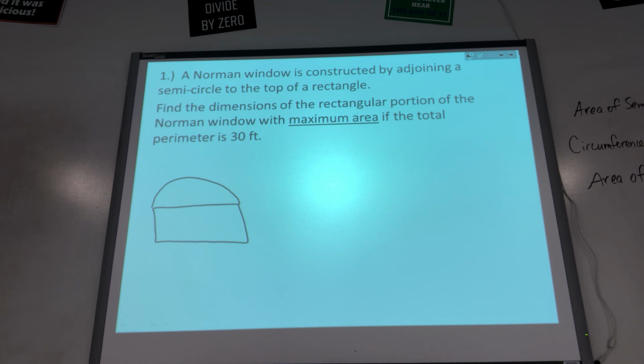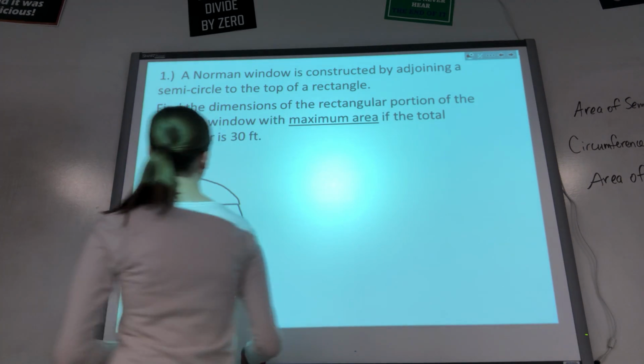I underlined that because that is a clue about how we're going to set up our equations. Remember, primary equation goes with the max or the min. So find the dimensions of the rectangular portion of the Norman window with maximum area if the total perimeter is 30 feet.